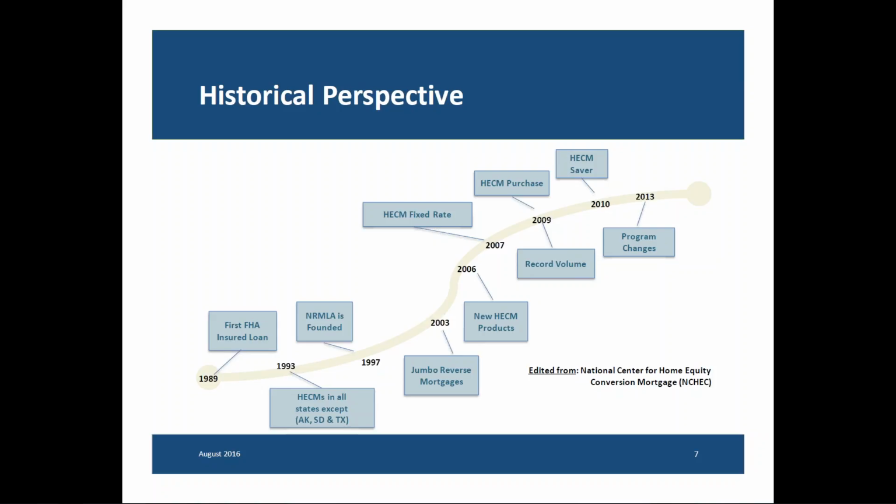And then in 2013, there were some program changes, mandatory obligations, and limits on how much a borrower can draw the first year and after. And then in 2015, financial assessment came about, and that's when they added capacity and willingness to pay their financial obligations. So these are some important dates.